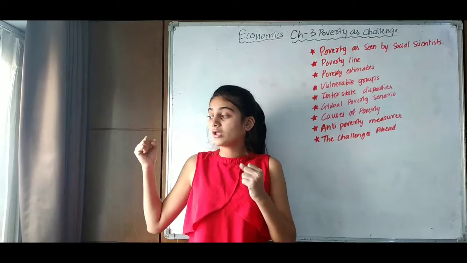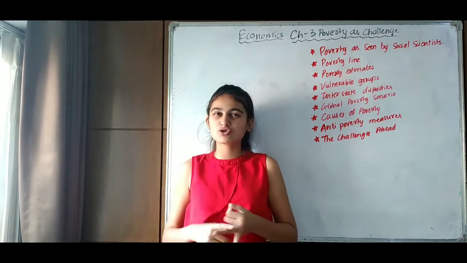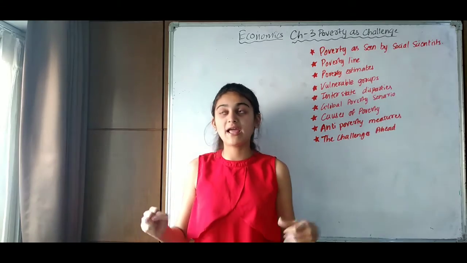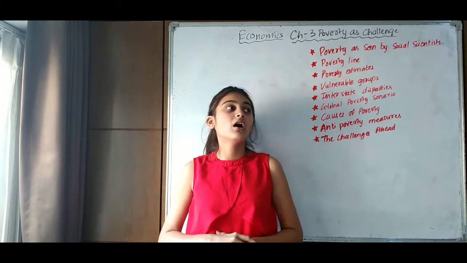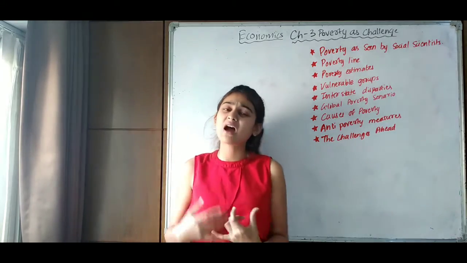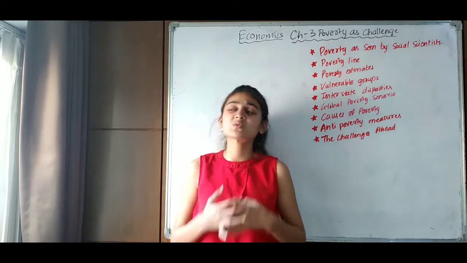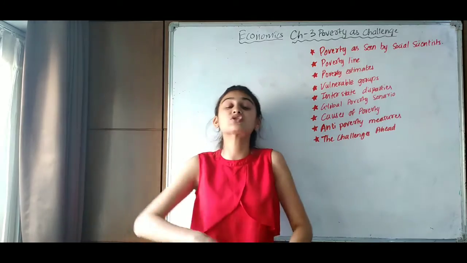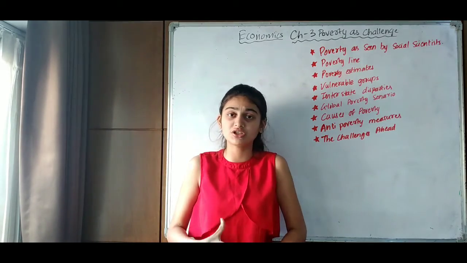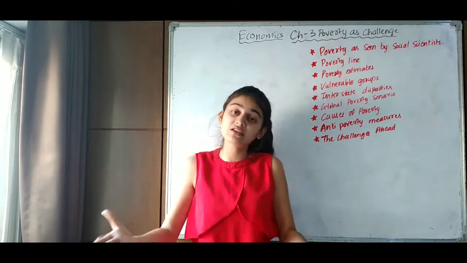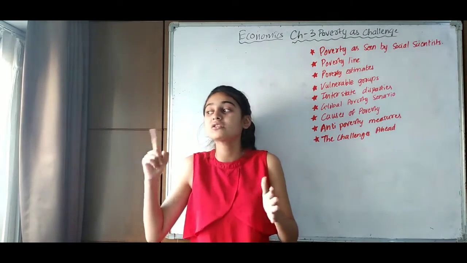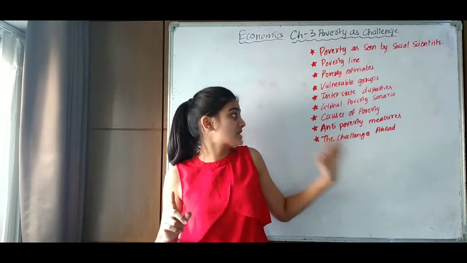States like Kerala, Gujarat, Tamil Nadu have low poverty, and in some states such as Maharashtra and Uttar Pradesh, because of increasing population and decreasing job opportunities, poverty is increasing day by day. So the poverty line definition is different in every state.